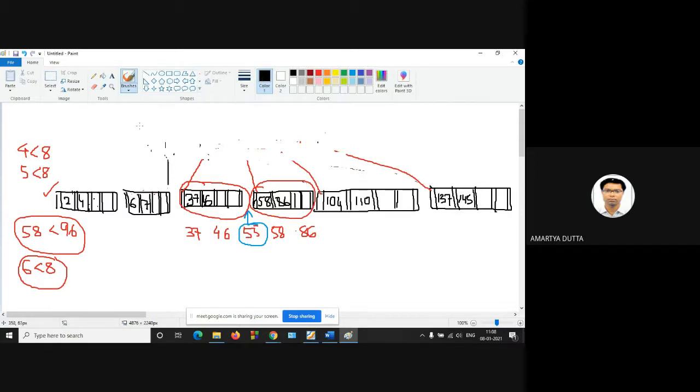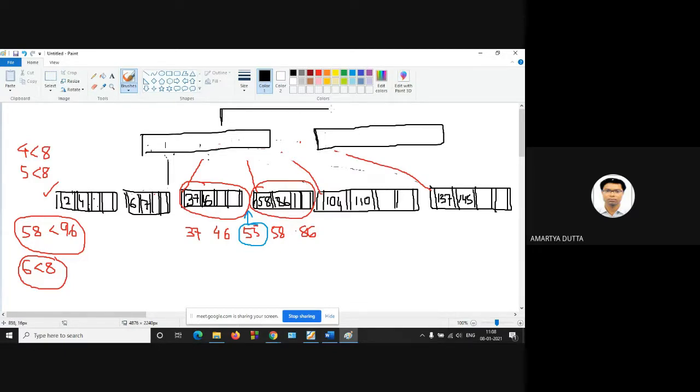So 5 and 8 will be in this node, and this will contain your 96 and 116. And this is your new root. So this is 5, and next one is 8.